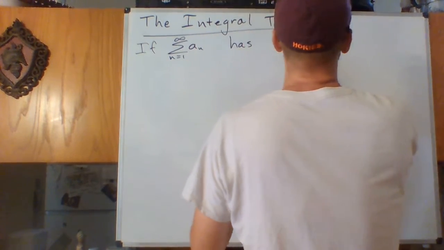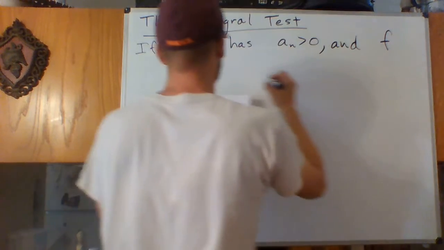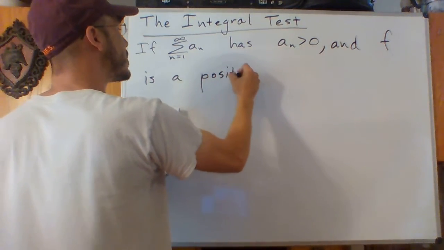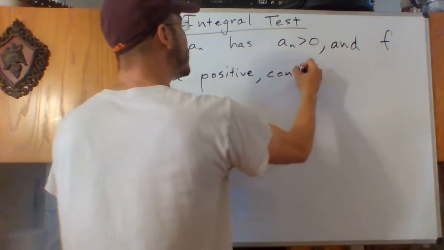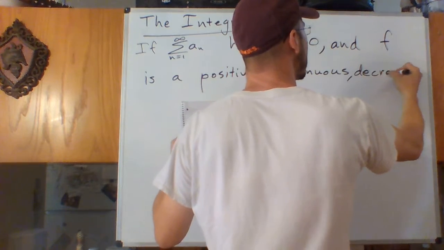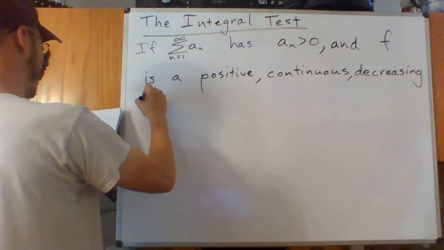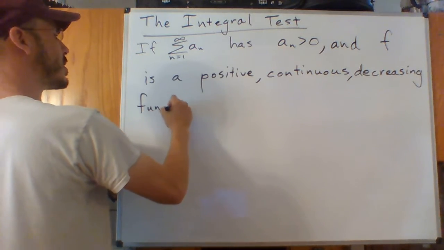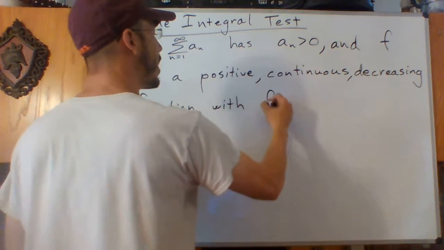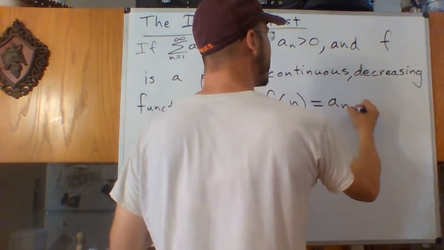So if the terms are positive and f is a positive, continuous, decreasing function with f of n equal to an.